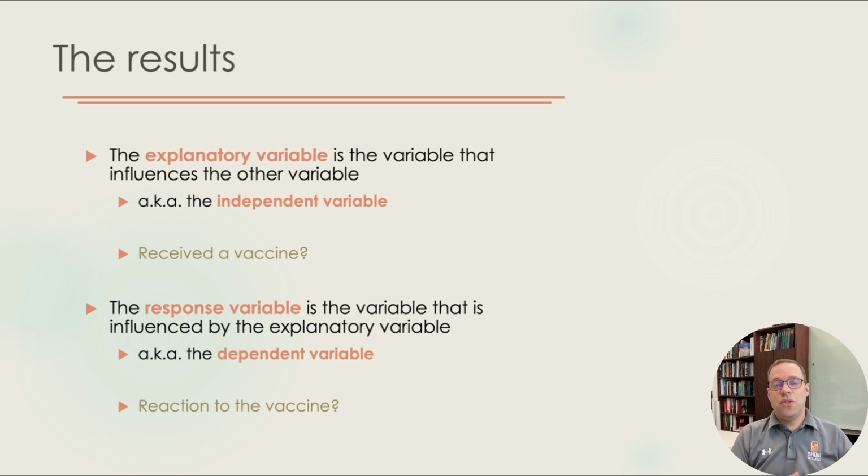Your reaction to the vaccine is not going to determine if you received it or not. It could tell you whether you did or not, but it's not going to determine if you did or not. No, instead, receiving the vaccine is more likely to determine your reaction to the vaccine. So that's a great way to determine explanatory and response variables. Which one is more likely to influence the other?